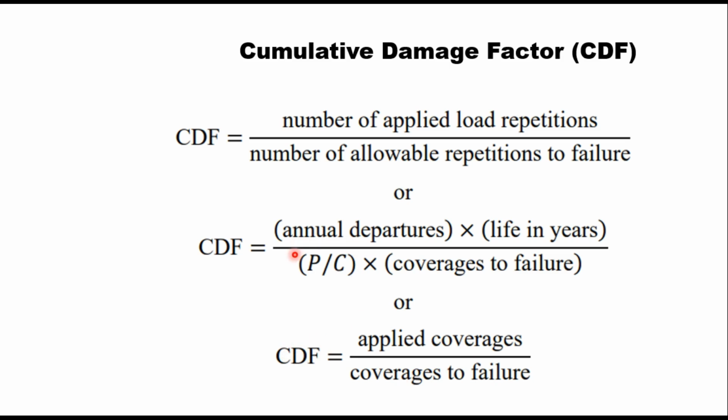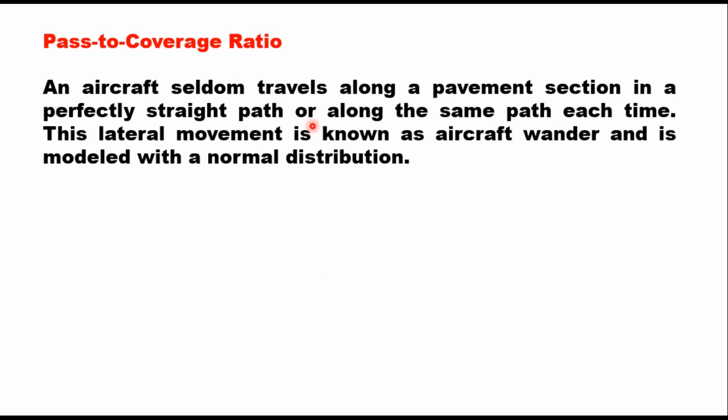Now what is this P by C ratio? An aircraft seldom travels along a pavement section in a perfectly straight path or along the same path each time, and this lateral movement is known as aircraft wander and is modeled with a normal distribution.